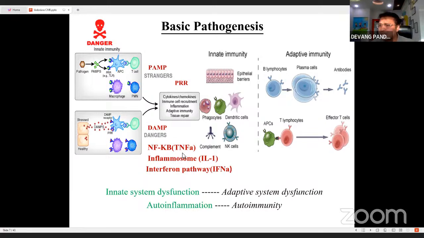So this is a normal scenario. If there is a danger, either PAMP or DAMP, it will act on the PRR, and there is a flow of different cytokines. Now, a simple pathogenic defect in the immune system is how autoinflammation will develop.